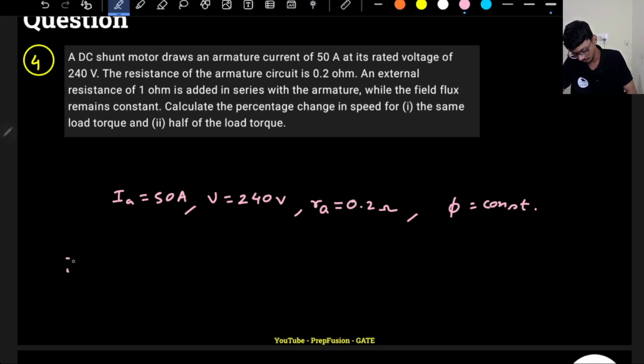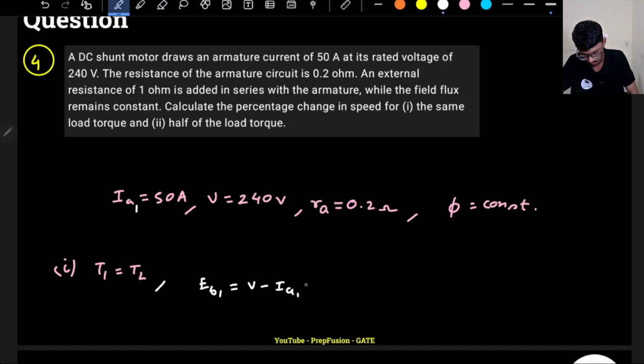So let's solve this for the first case where the torque T1 equals T2, right? So if T1 equals T2, and in case 1 my armature current Ia1 is 50 amperes. Okay, how will I solve this? So initially what is the Eb1 when this external resistance was not added? So Eb1 is equal to V minus Ia1 into Ra.